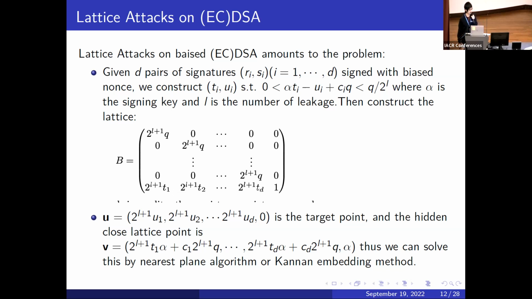Then we construct the following lattice, and this vector u is our target point, and the hidden closest lattice point is this vector v. As we can see, the last coefficient of v is alpha, which is our signing key. So if we recover v, then we recover the signing key. Then we can solve this lattice problem by the nearest plane algorithm or Kannan's embedding method.